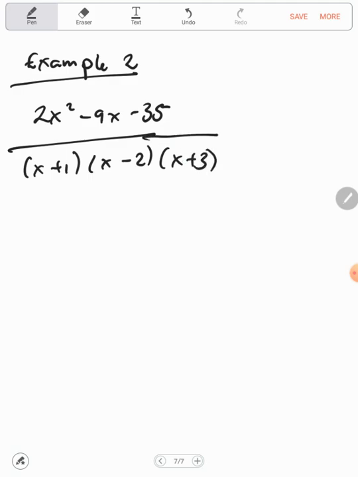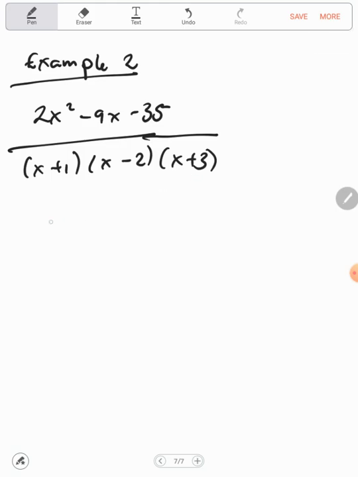Okay, so this is the long one. What you notice here is that the highest power of x is x multiplied by x multiplied by x, which is x to the power 3, and the numerator is x to the power 2. So this is an okay scenario because the power of the numerator is less than the power of the denominator.